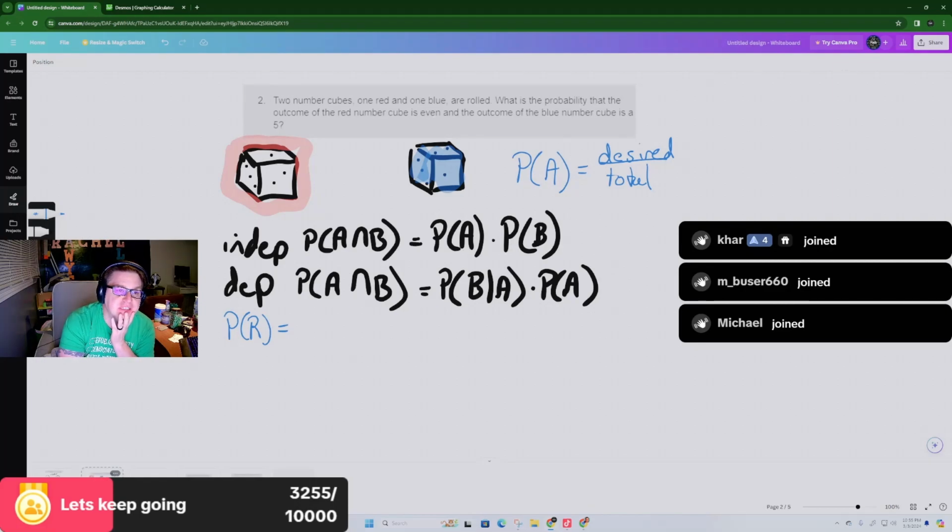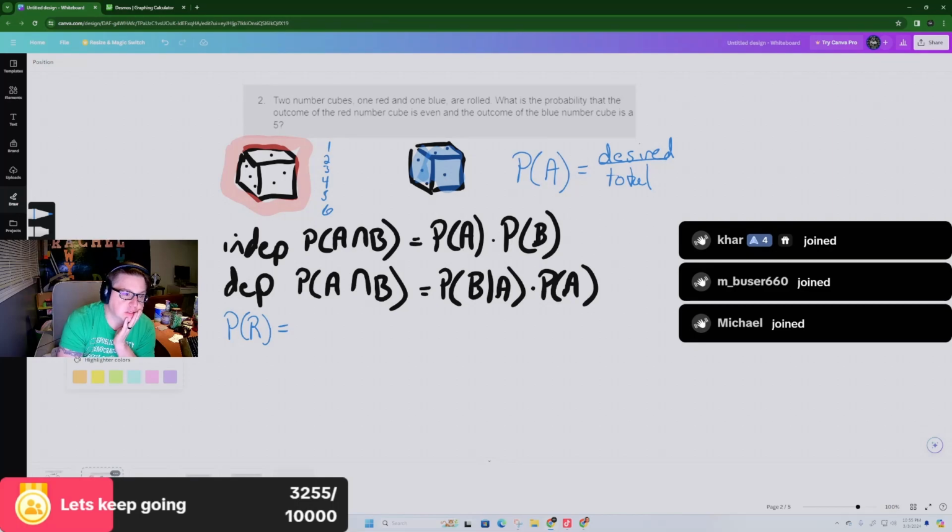How many even sides are on this? And if you think about a number cube or a dice, there is 6 sides to it. There's 1, 2, 3, 4, 5, 6. Each one is labeled as 1, 2, 3, 4, counting the dots.